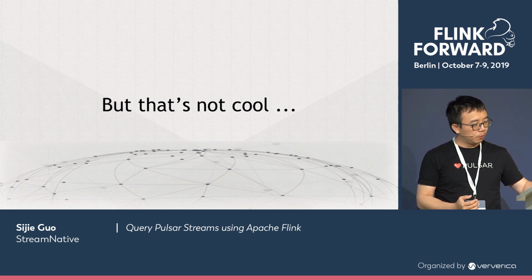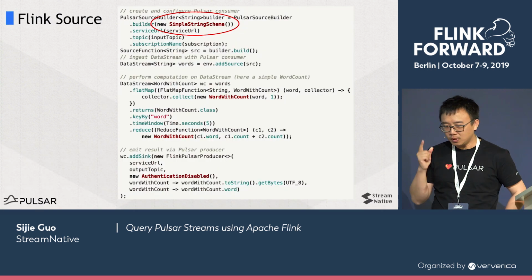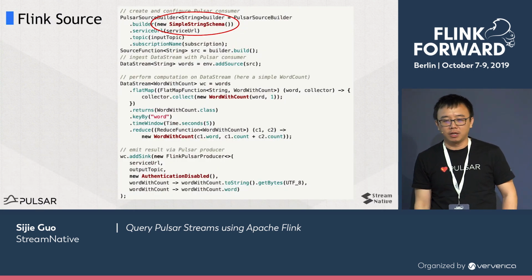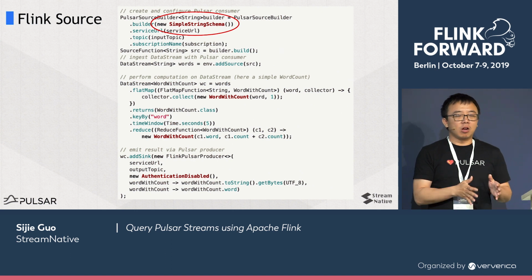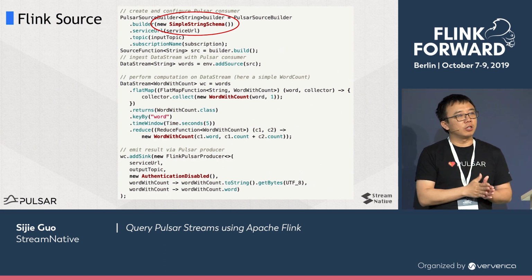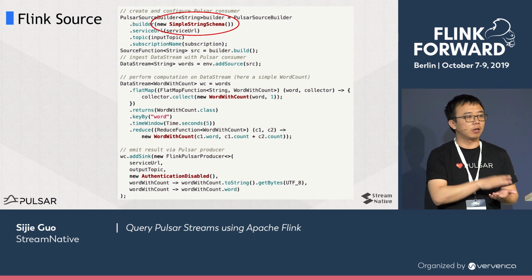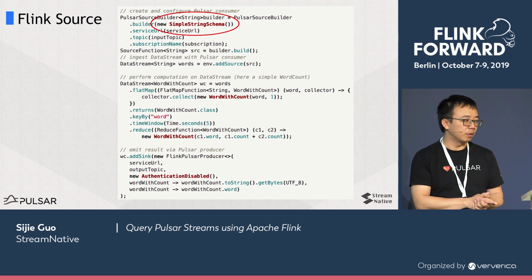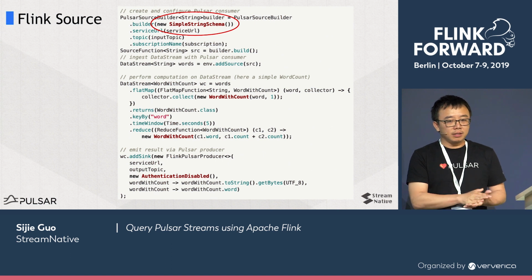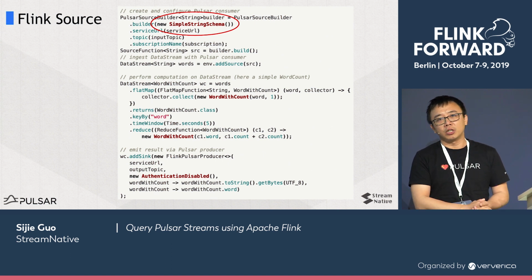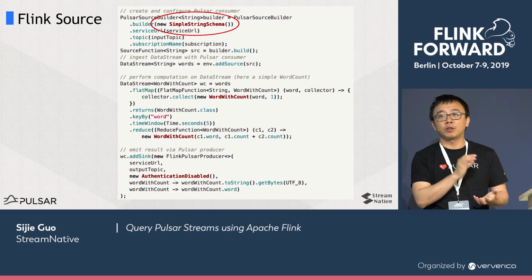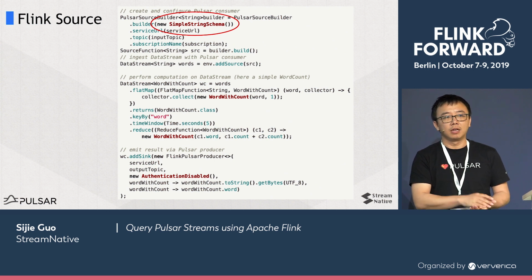Especially if you take a look at the program here, in the source, in the application, you have to manually specify the schema of your topic or of your stream. And in an organization, the schema of your topic is not static.